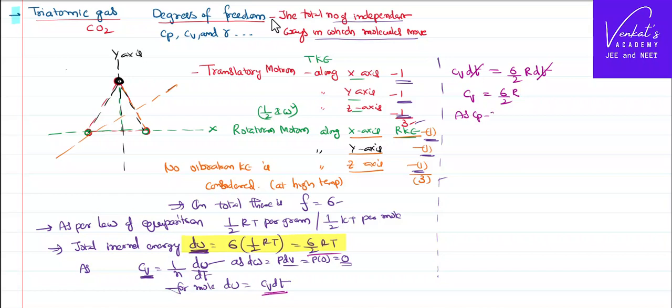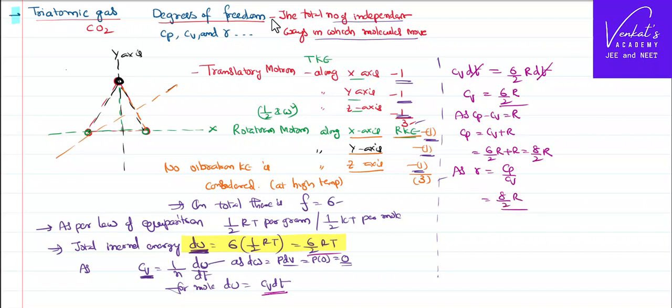We know Cp minus Cv equals R, so Cp equals Cv plus R. Cv we have found as 6 by 2 times R, and another R. That is 8 by 2 times R, that is 4R. As we know, gamma, the ratio of specific heats, is Cp by Cv.